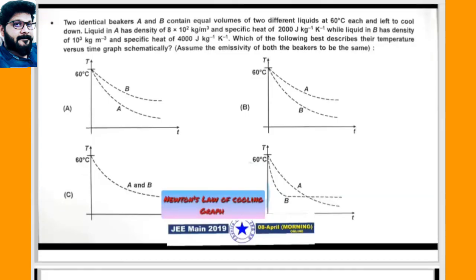Now we'll move to the next question, which is given in JEE Main 2019, 8th April morning online, Newton's law of cooling. In the question, two identical beakers A and B contain equal volumes.